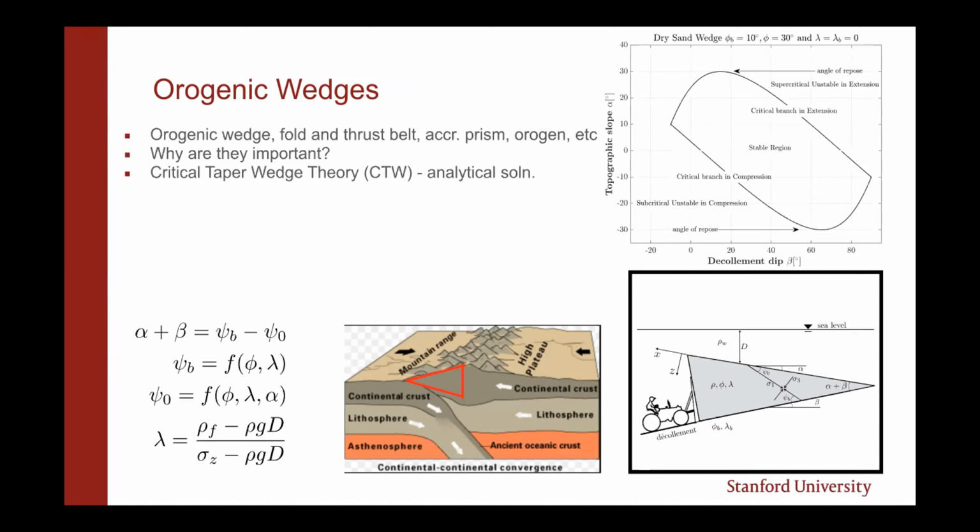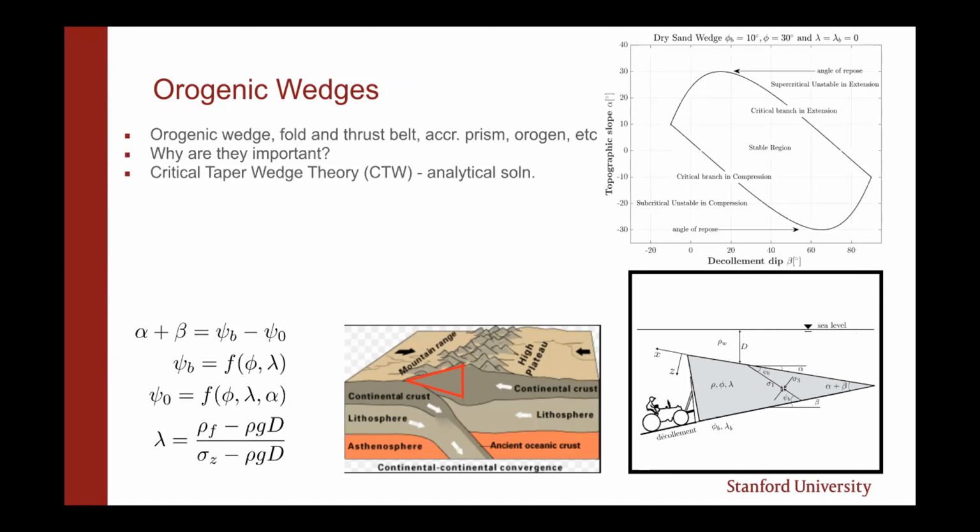You have what's called the basal angle, beta, which defines the angle between the base of the wedge and the horizontal. And then you have one called the surface or topographic angle, alpha, between the top of the wedge and the horizontal. And the sum of these two angles actually depends on the internal angle of friction of the wedge, that of the base below the wedge, as well as the amount of pore fluid that you have within the wedge.